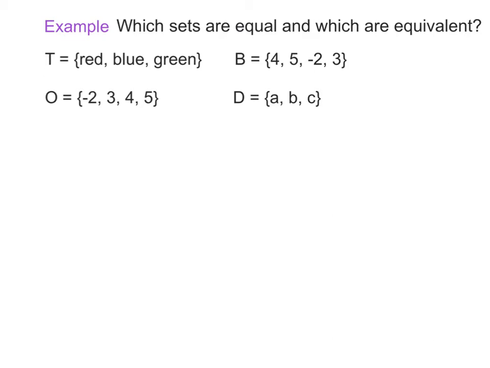So look at set T, red, blue, green, no. Look at set B, 4, 5, minus 2 and 3, and set O, minus 2, 3, 4, 5. They have exactly the same elements, different order, but the same elements. So we can write down that O equals B, and O and B are equal sets.